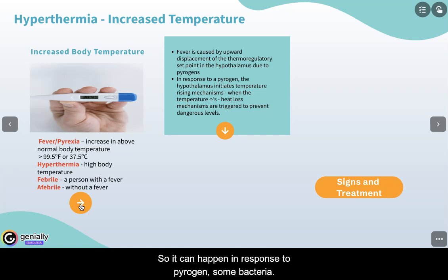So it can happen in response to a pyrogen, some bacteria. And then the hypothalamus initiates a temperature-rising mechanism to destroy the pyrogen. When the temperature increases, then your hypothalamus triggers the heat loss mechanisms. So then what happens, it helps to prevent it from reaching dangerous levels.